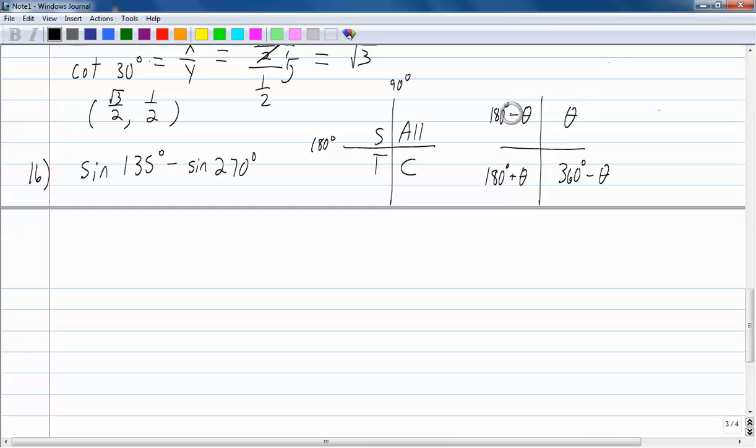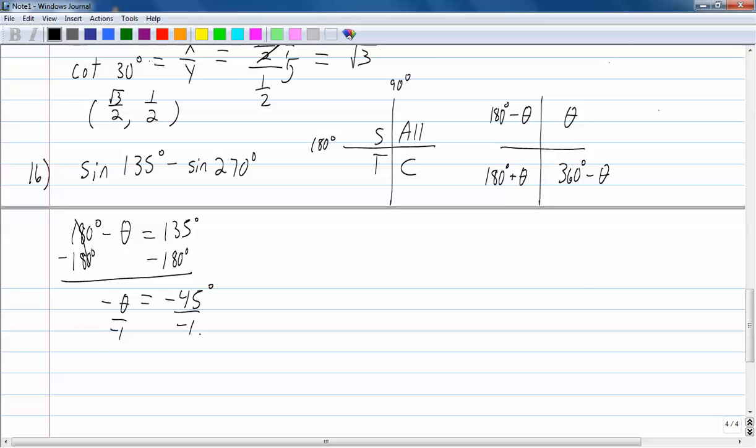So let's figure out the reference angle for 135 degrees. To do that, you say 180 degrees minus theta equals 135, and solve for theta. That's the reference angle. So subtract 180 degrees from both sides, and I'll have negative theta equals negative 45 degrees. Or if we divide both sides by negative 1, theta, my reference angle, is 45 degrees.